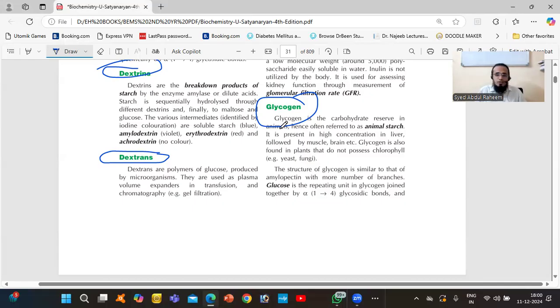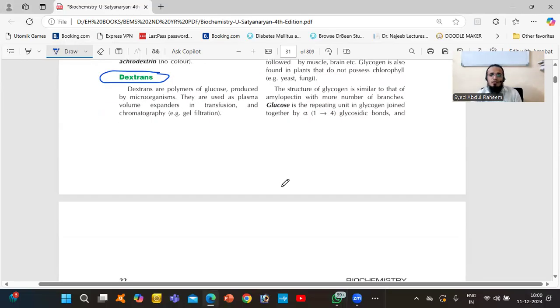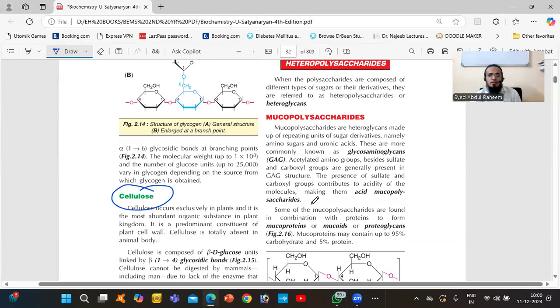There is no lactose or fructose, only glucose. It is stored in the liver, muscles, and brain. Glycogen is also present in plants. So this is the thing we have to remember.